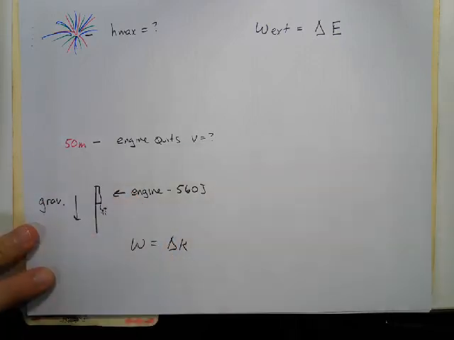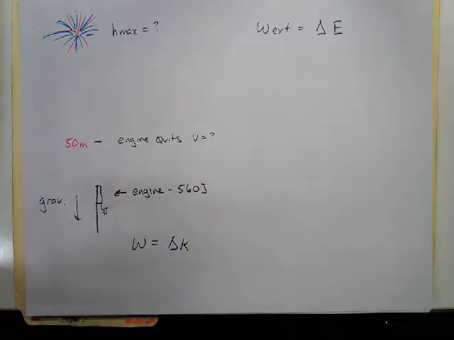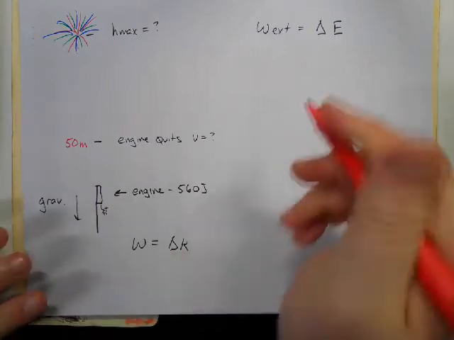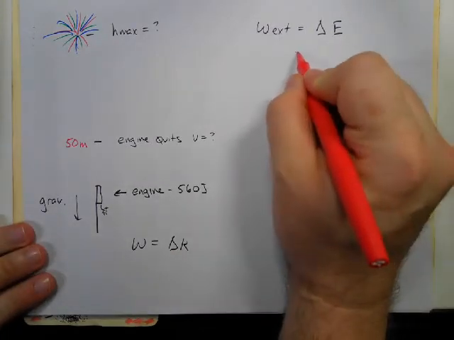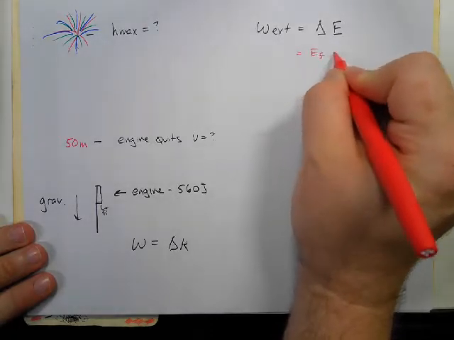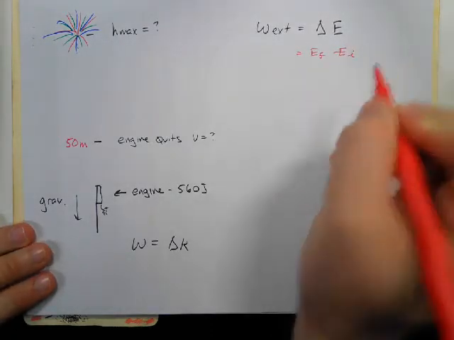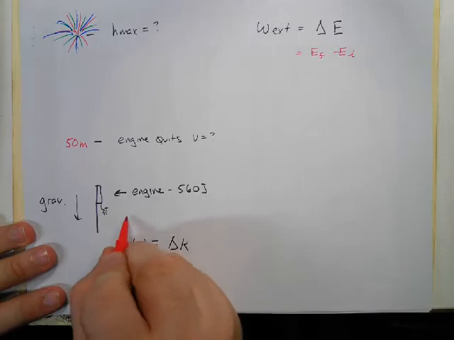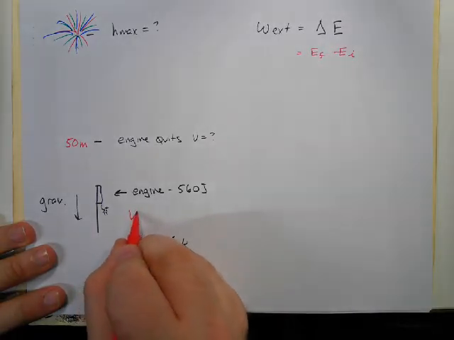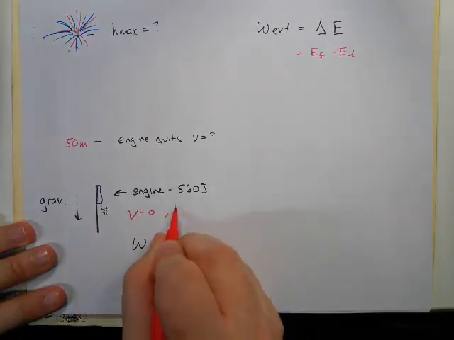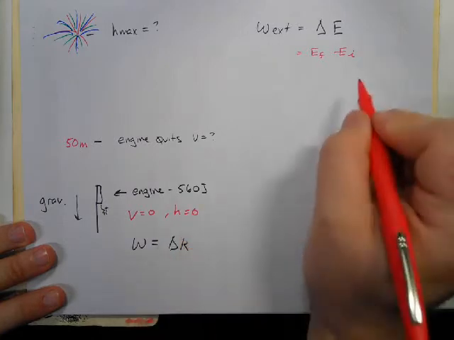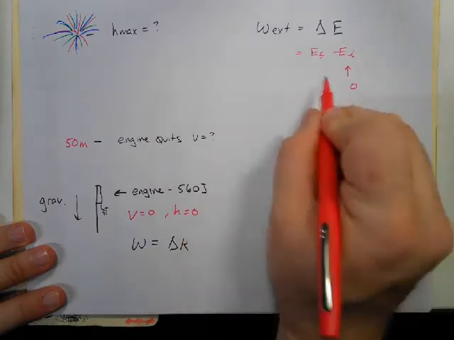I hope this works. If it doesn't work, you will never see it. So the change in energy here is E final minus E initial. What's E initial? You start this thing on the ground, v is 0, and h is 0. So E initial is 0.